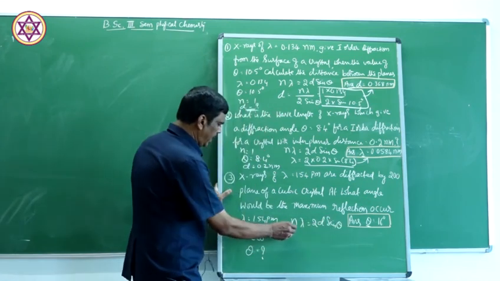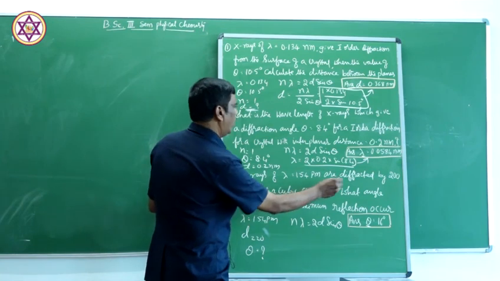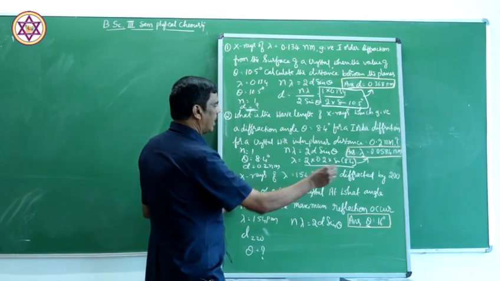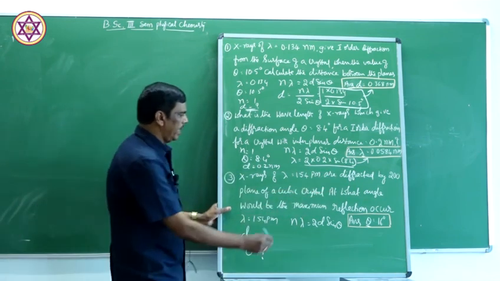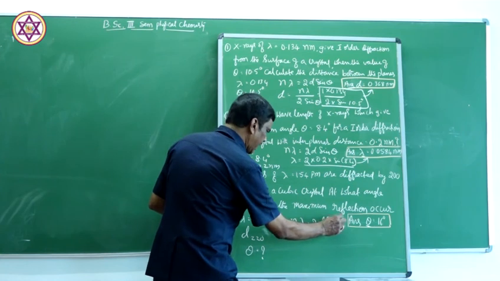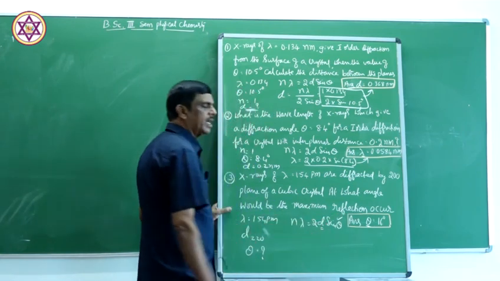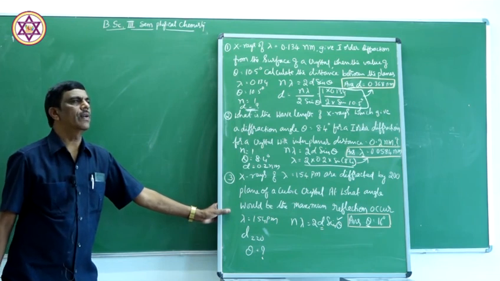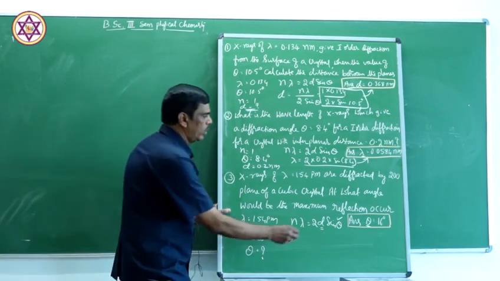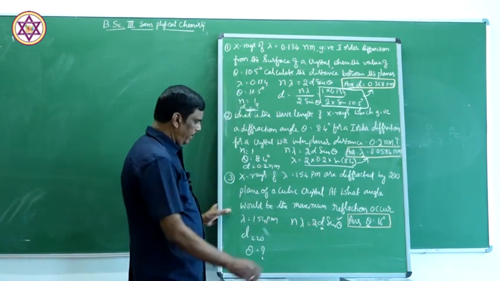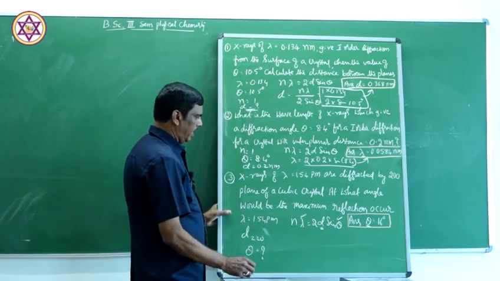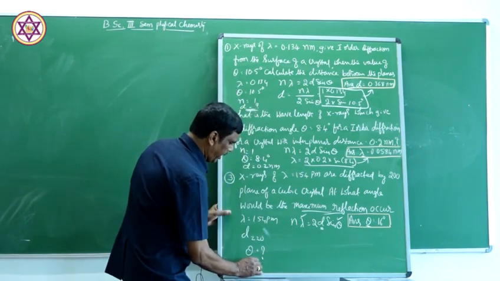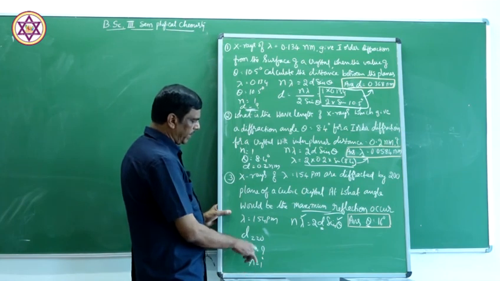Now, for the 220 plane of a cubic crystal, at what angle would the maximum reflection occur? Here we have to find out theta. d can be calculated using the interplanar distance formula, a by root of h square plus k square plus l square. Lambda is given, and because maximum reflection indicates first order, n is equal to 1.